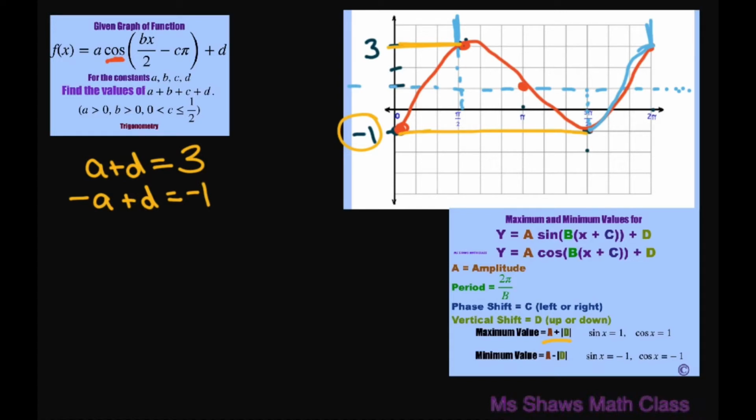So now we can solve for a and d. If you add these two, you get 2d equals 2. Therefore, d equals 1. Now, if d equals 1, then you substitute it back into this equation, and a is going to equal 2, because 2 plus 1 is 3. So there we have a and d, and all we have to do is figure out b and c.